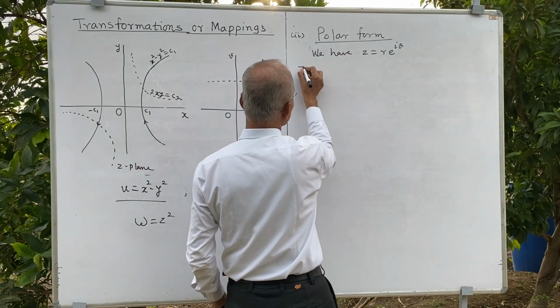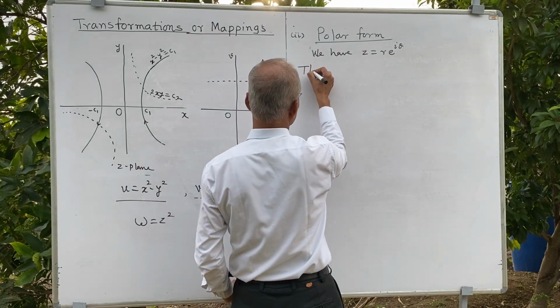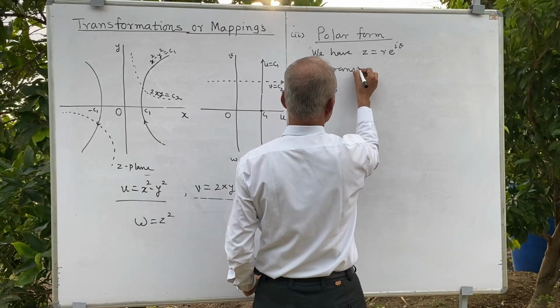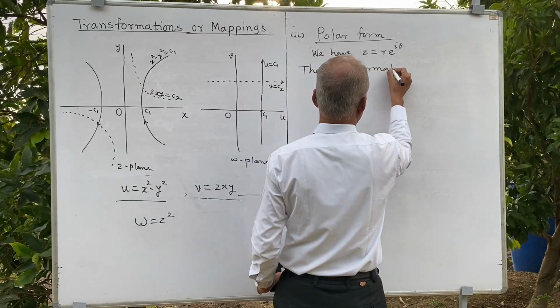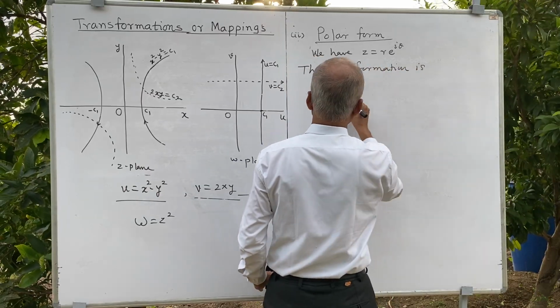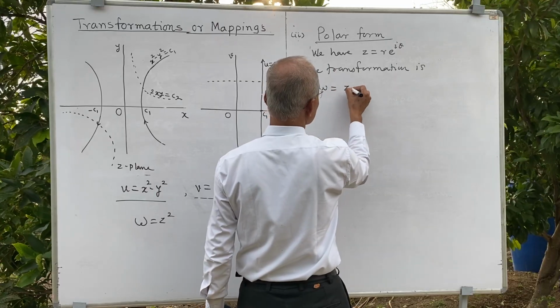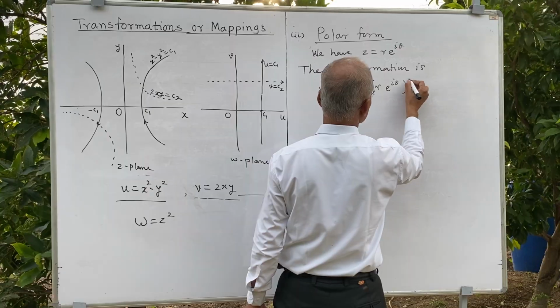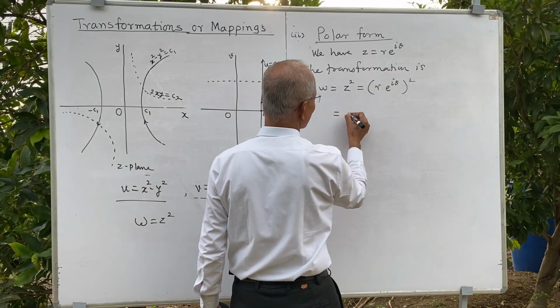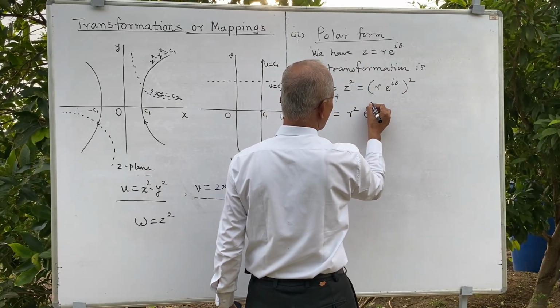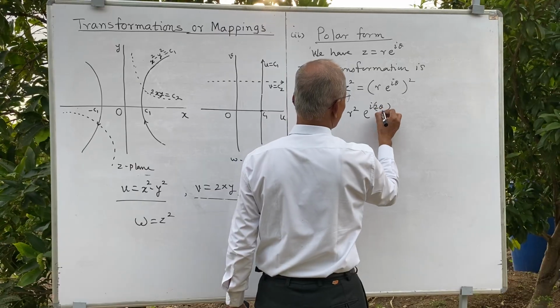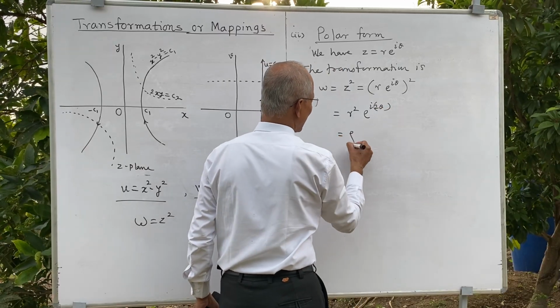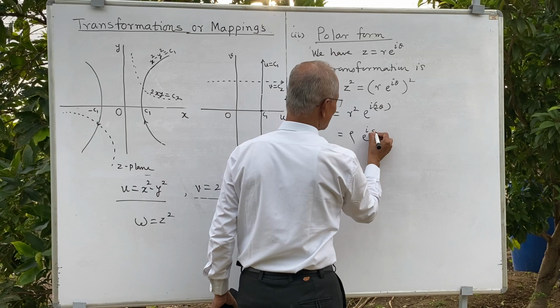Now, the transformation is w is equal to z square, and that is r e power i theta whole square, which is equal to r square e power i into 2 theta, and that we shall denote by rho e power i phi.